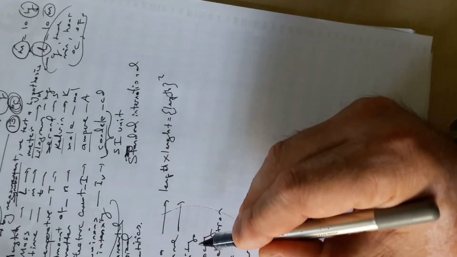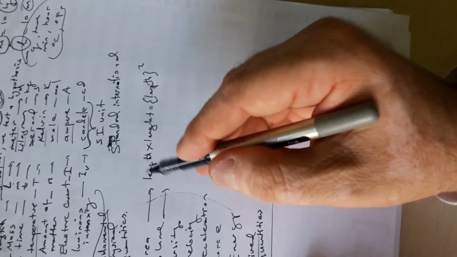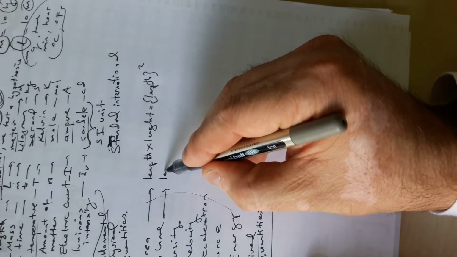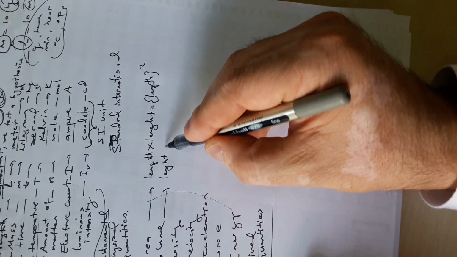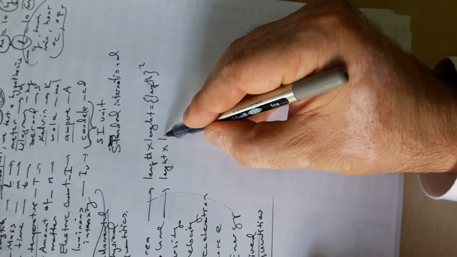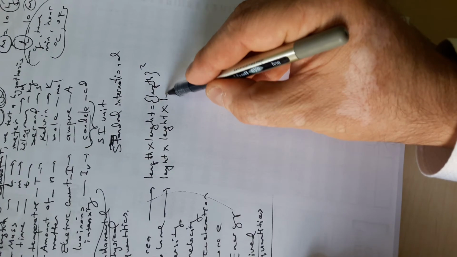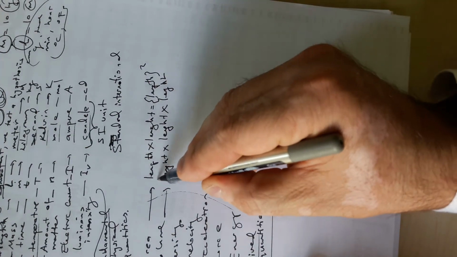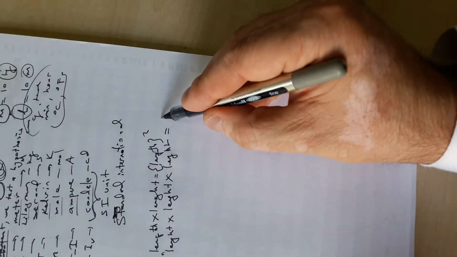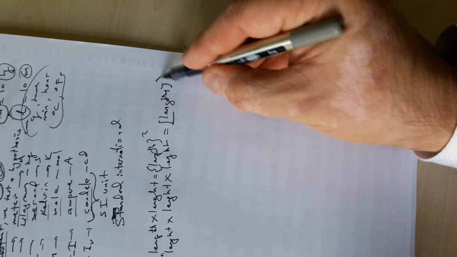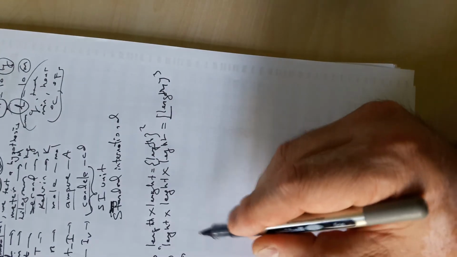For example, volume is length times width times height. Width is also measured in length, and height is also length in dimension. So when we multiply these three, we get the dimension of volume as length cubed.